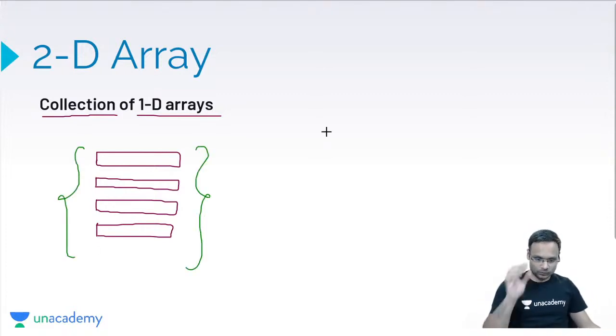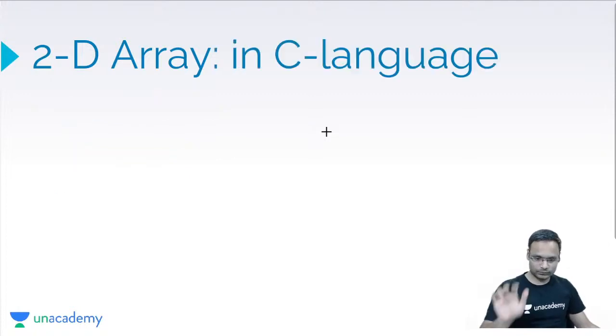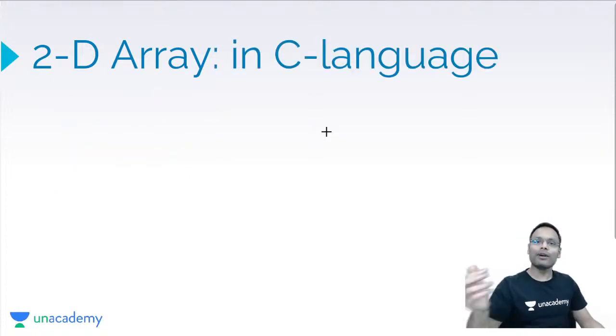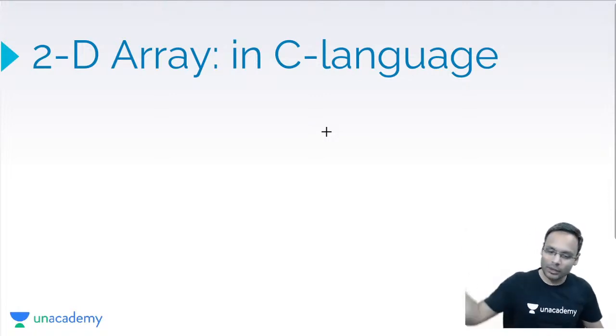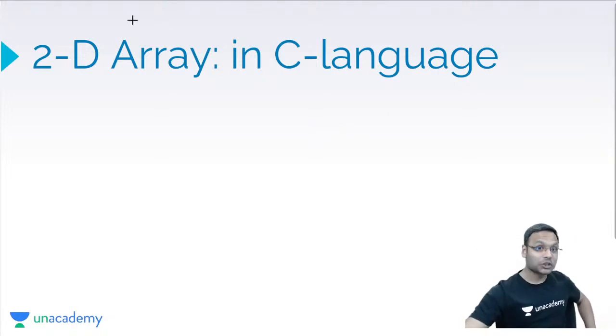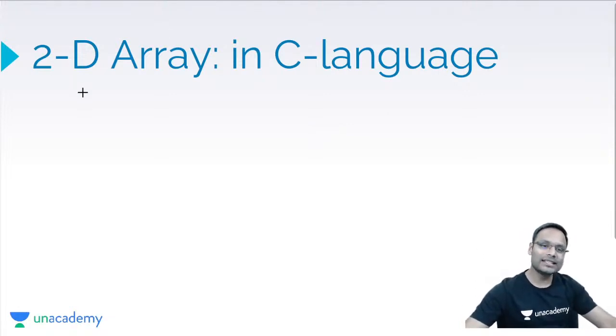Now next, this 2D array in C language. How do you define 2D array in C language? Can you type down in the comment box so that I can understand you guys are actually knowing the things or not? How to define 2D array in C language?